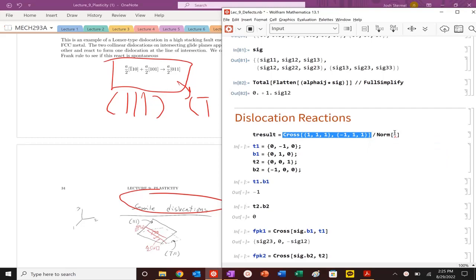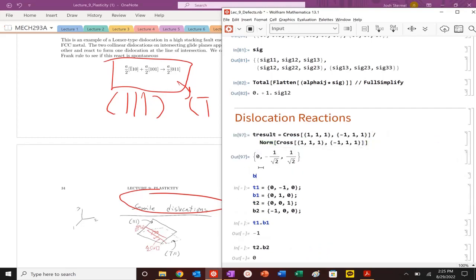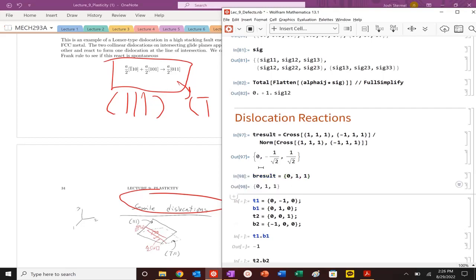Actually, that's not really our T result. That's our tangent vector that results from that. Excellent. That's the line of intersection, effectively. So if I cross the normals of two planes, I can find my line of intersection.